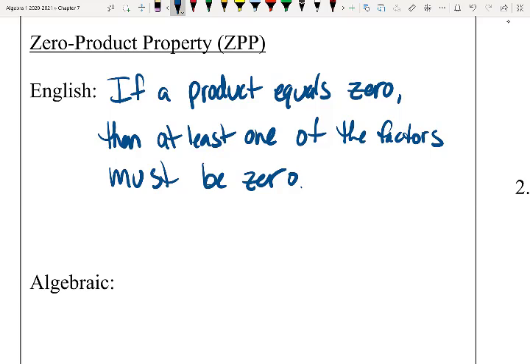So that's the definition using our words. If we have a product that equals 0, at least one of the factors must be 0.